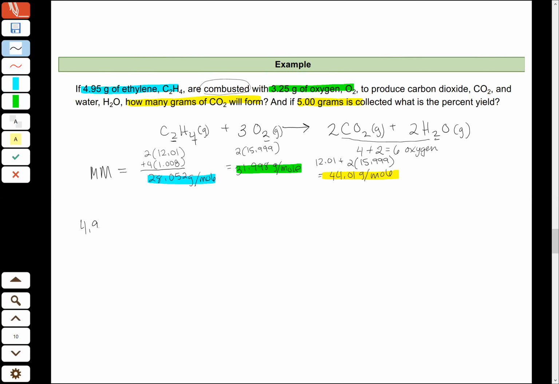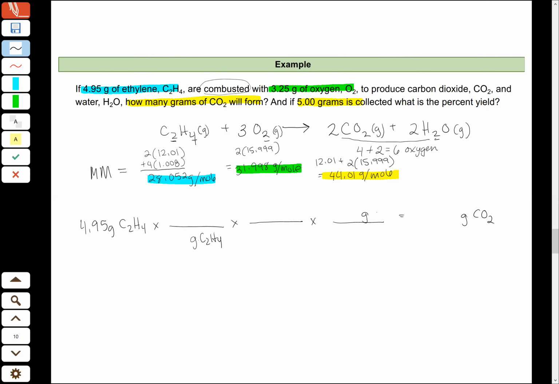All right, so starting with my 4.95 grams of C2H4, I know I'm going to go through a 3-step conversion, and I'm going to end up with units of grams of CO2. Now, I know I want to get rid of my grams of C2H4 right away because that's not the units I want.